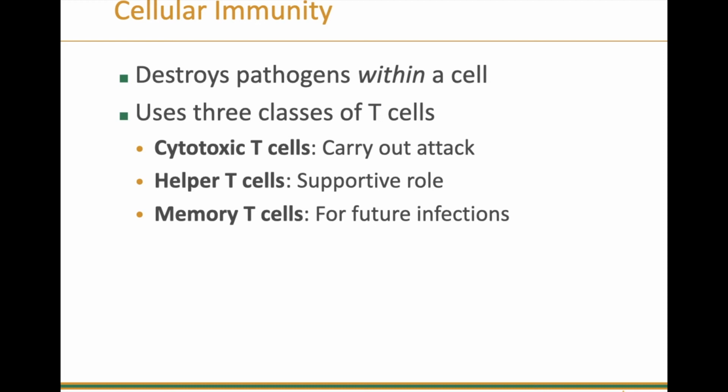They have to activate the cytotoxic T cells. And then the memory T cells, you produce a few of these and they hang around in case you're reinfected with the same pathogen, and hopefully you'll be able to respond to it quicker and destroy it before it even makes you sick.